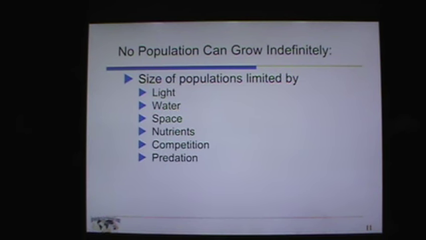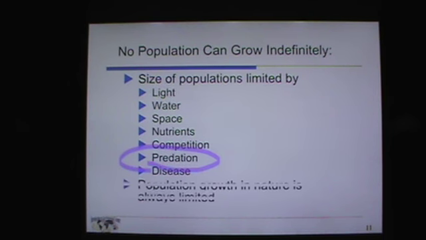Being eaten is a big thing that limits a lot of populations. Disease is another thing that limits the size of populations. So, population growth in nature is always limited. It's something Thomas Malthus tried to get at 200 plus years ago, and we're still struggling with it.